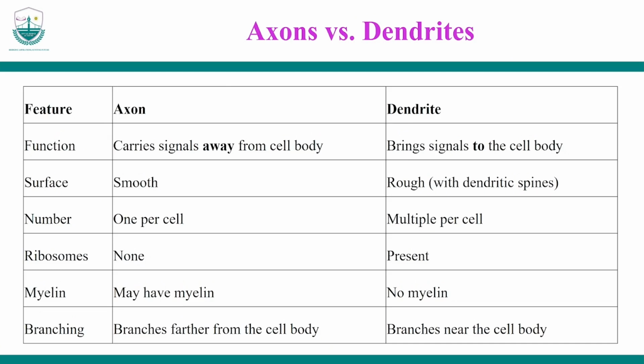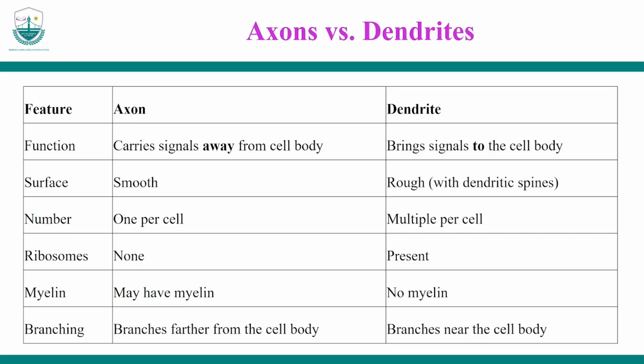They carry the information away from the cell body. And then the dendrites are the ones that bring signals to the cell body. So that means that they pick these signals from, it can be from another neuron, or it can be from receptor cells that detect stimuli and then send this information to the dendrites, the cell body, and then to the axon.